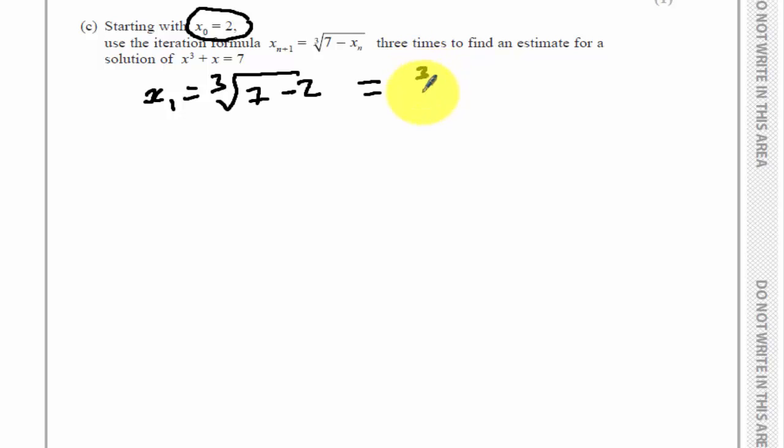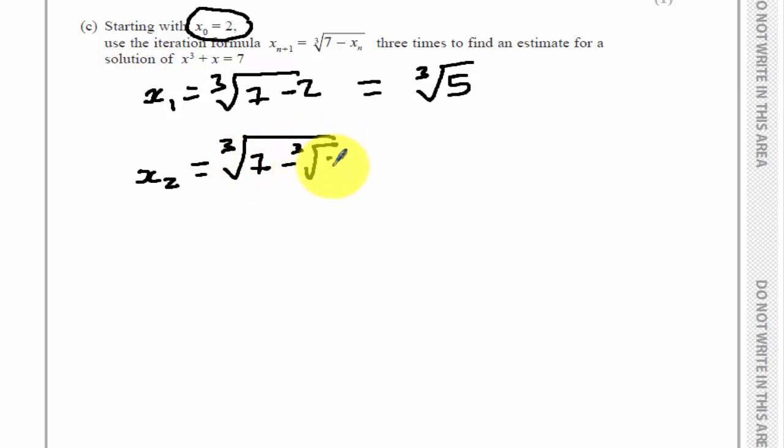So this is the cubed root of 5. I'm going to leave it as a cubed root of 5 to keep some level of exactness in the question. The second time I'm going to use it, I'm going to need the cubed root of 7 take the cubed root of 5. I should have mentioned that once I'd done my first line correctly, I've got a mark.